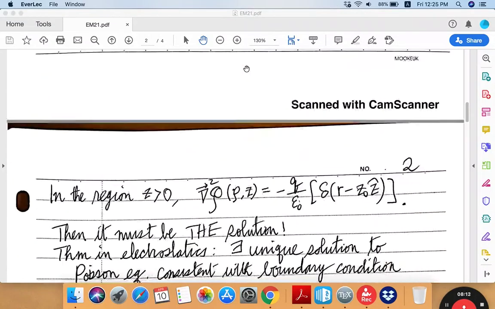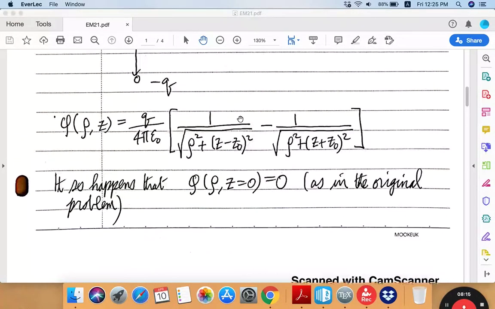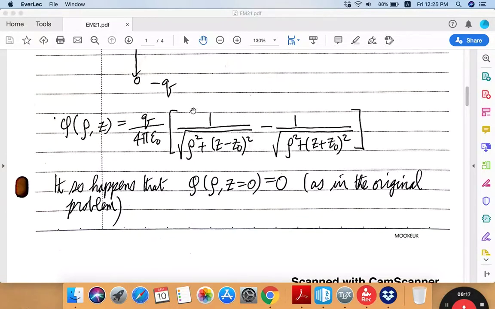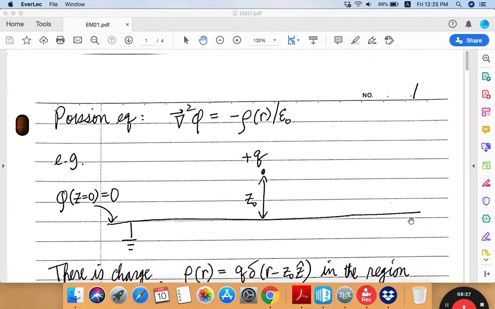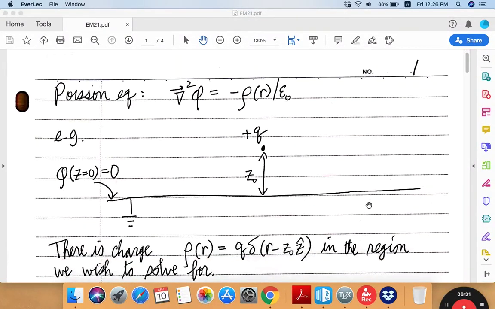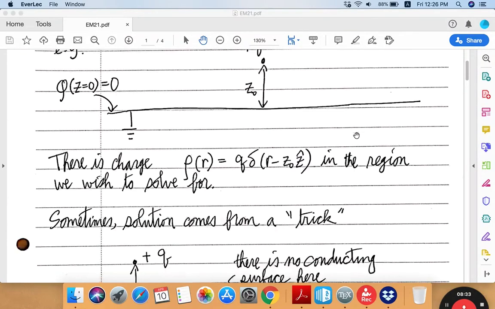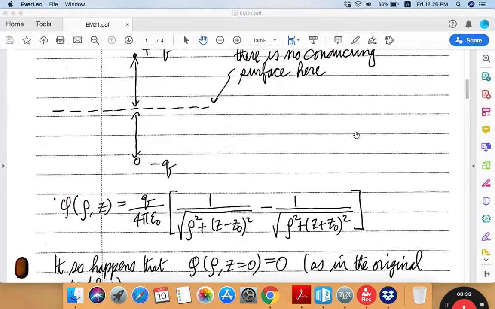So in other words, at least in the upper half space, this potential must be the exact potential function that we are looking for in this problem. And we got the answer to this problem by a really cheap method.